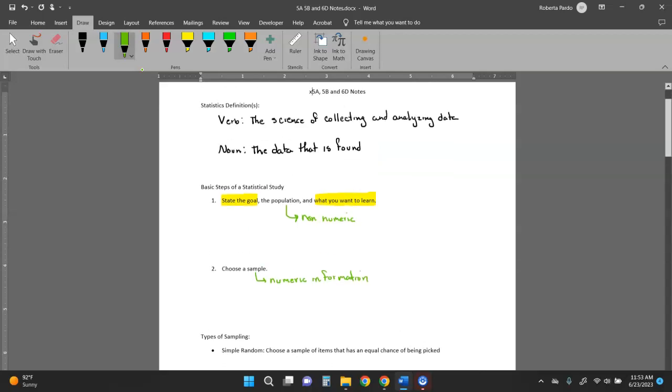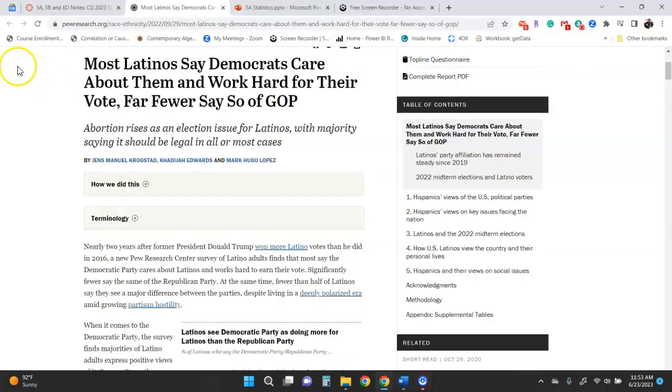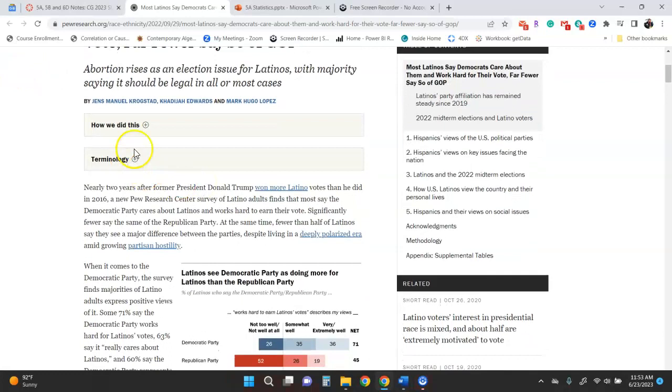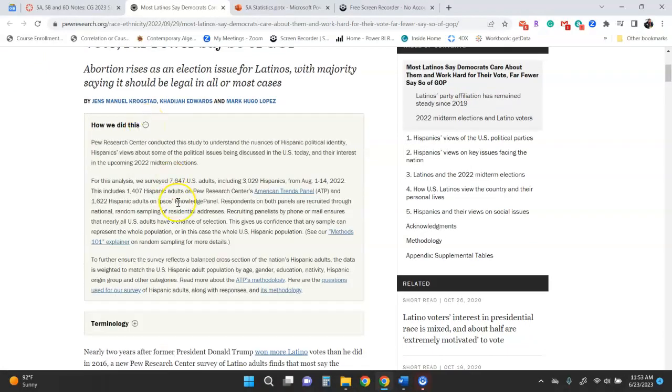If we look back at this article, we can read a lot about it, but just the section on how we did this gives us a lot of information. It talks about the Pew Research Center, which is a very reputable company. We surveyed 7,647 U.S. adults. 3,000 of them were Hispanic.